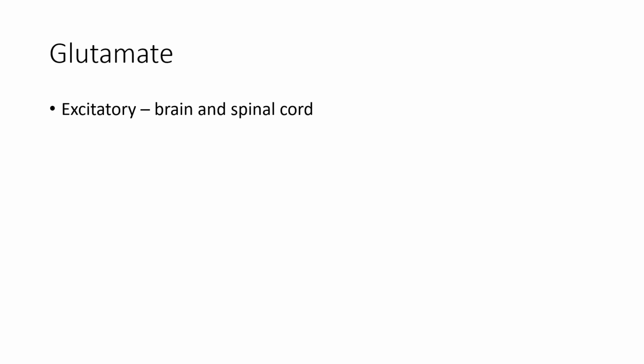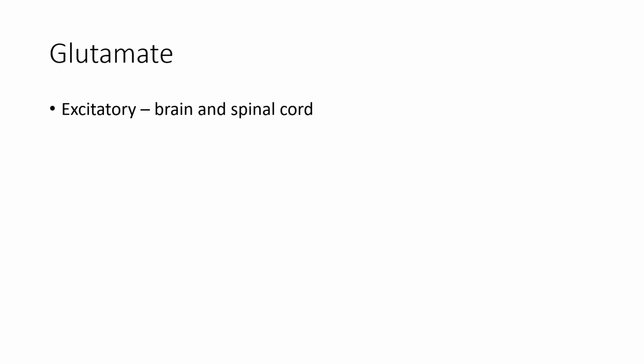Okay, let's first start with the neurotransmitter that I've been referencing the most throughout this lecture thus far, glutamate. As I've mentioned, glutamate is going to produce an excitatory reaction in the body. We find that glutamate is largely allocated to neurons in the brain and in the spinal cord, so in the central nervous system.